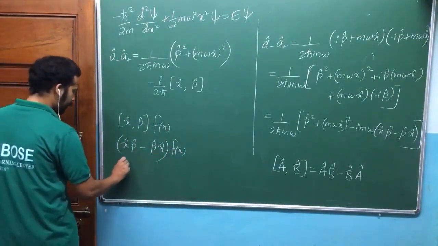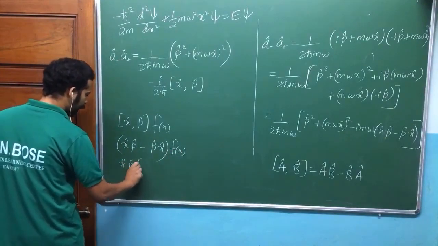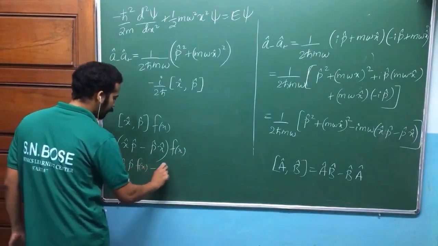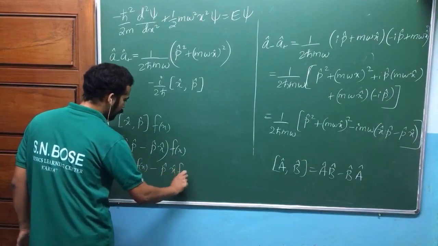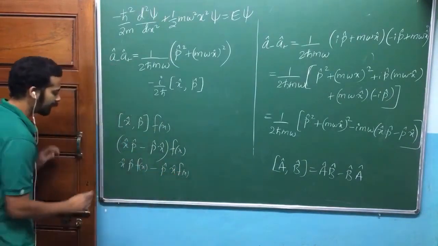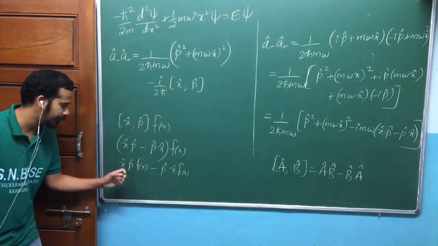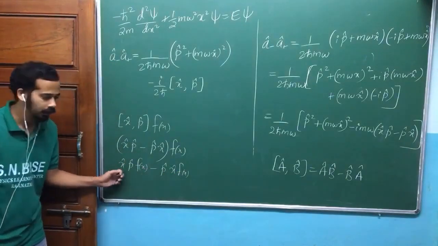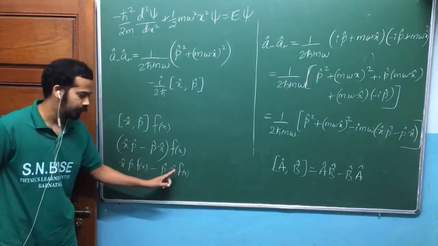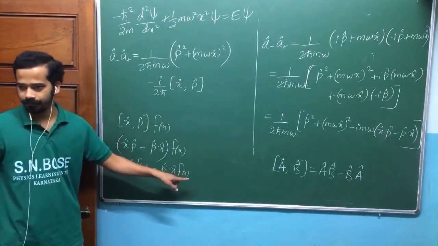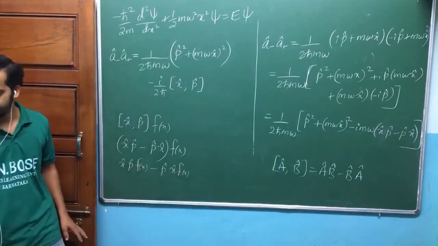Now x cap p cap f of x minus p cap x cap f of x. This means for x cap p cap f of x you should operate p cap first, then x cap. For p cap x cap f of x you should operate x cap first, then p cap.